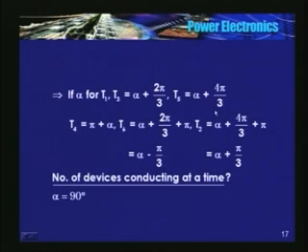If alpha is for T1, then T3 is connected to B phase, so alpha plus 2 pi by 3, and T5 is alpha plus 4 pi by 3. T4 is antiparallel with T1, so it is pi plus alpha. For T6 and T2, it is the corresponding angle plus pi. So these are the angles.